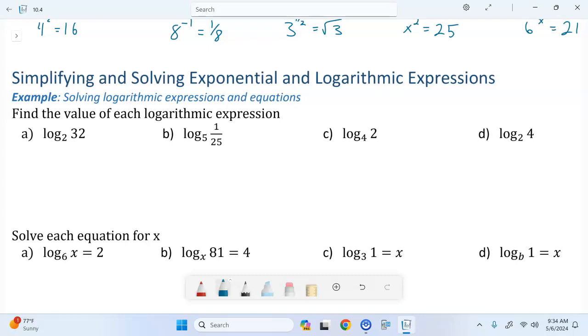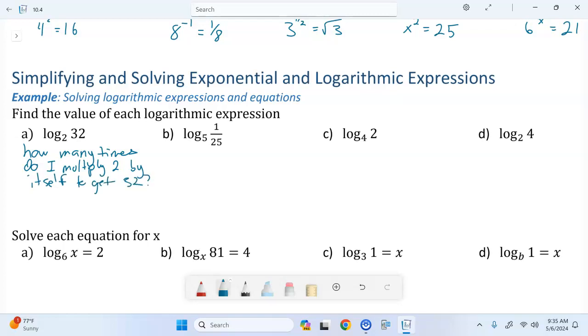I have log base 2 of 32. And what this is asking, how we evaluate it, is saying, well, how many times do I multiply 2 by itself to get 32?